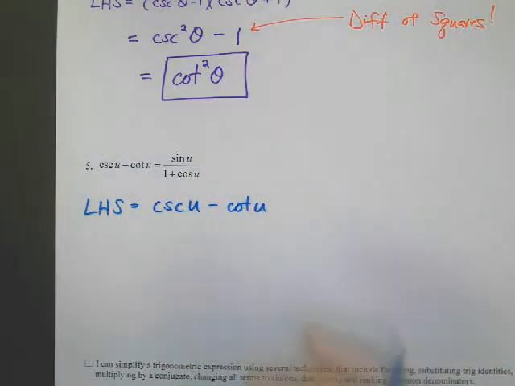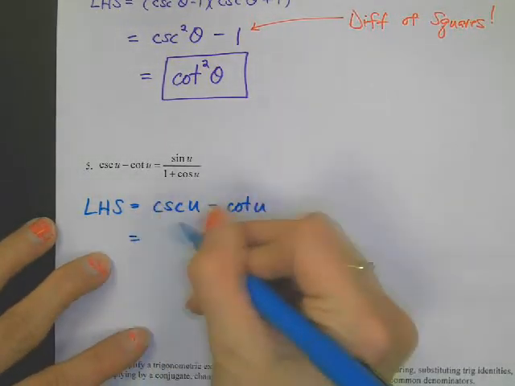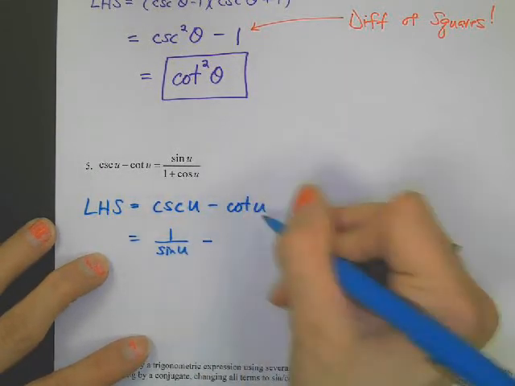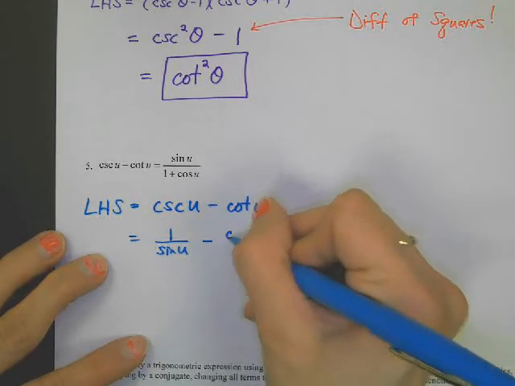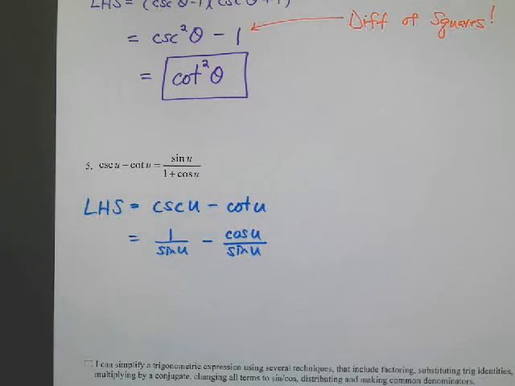Okay, so I was saying, write cosecant as 1 over sine of u, and cotangent as cosine of u over sine of u. I like that built-in common denominator.